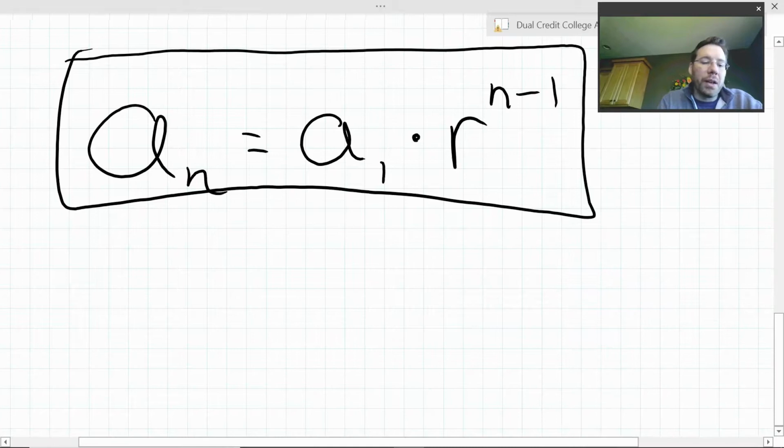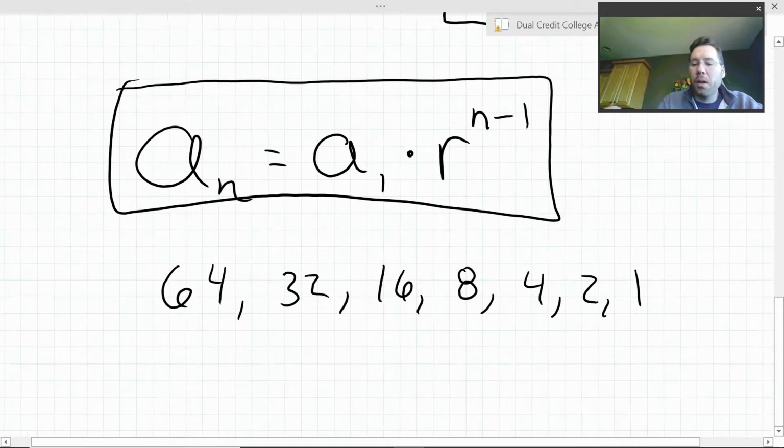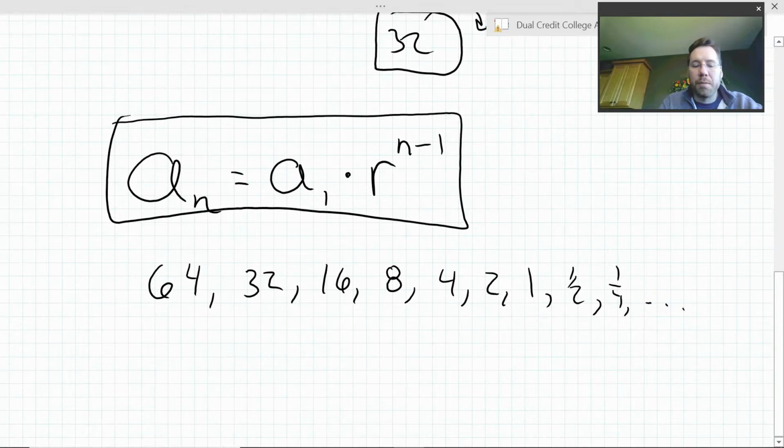Let's do another one. Let's start something better: 64, comma, 32, comma, 16, comma, 8, comma, 4, comma, 2, comma, 1, comma, a half, comma, a quarter, comma, dot, dot, dot.